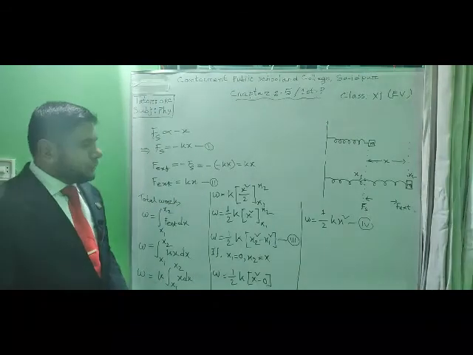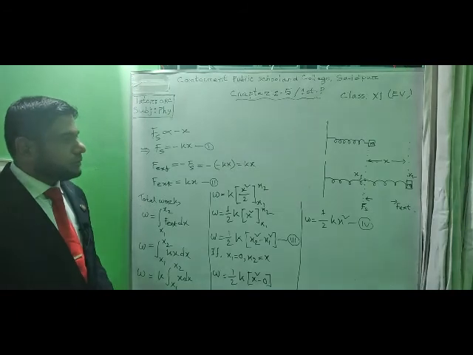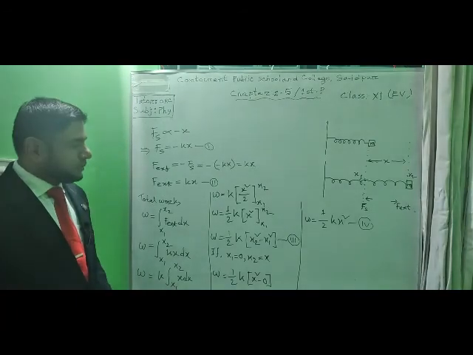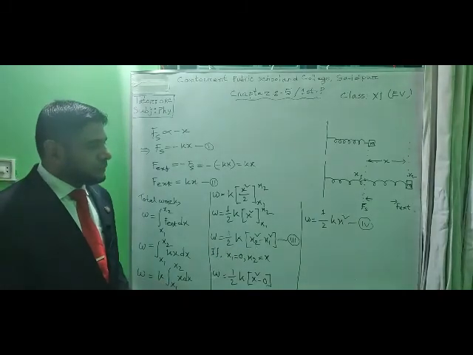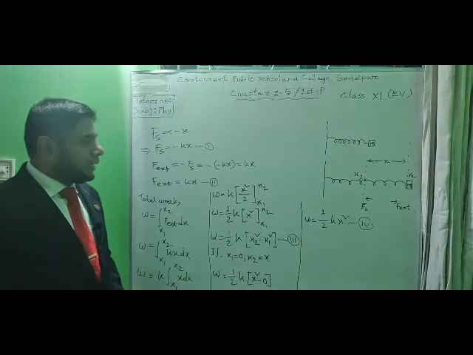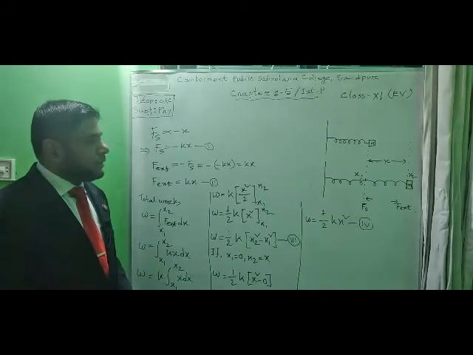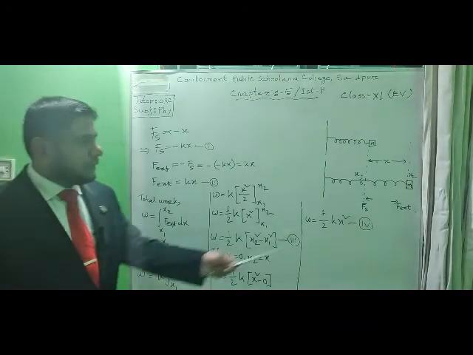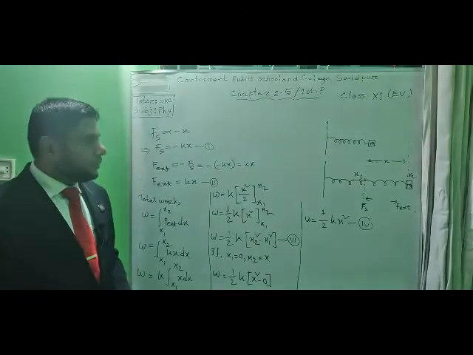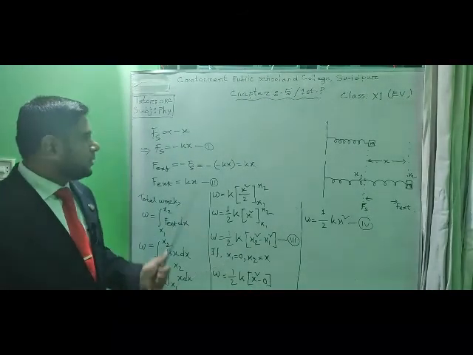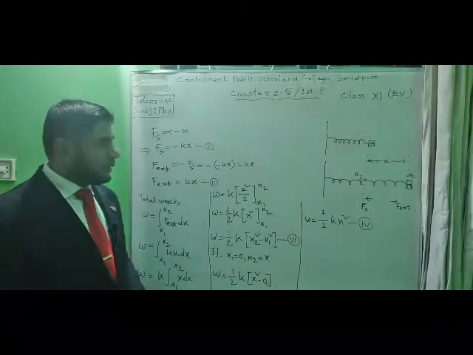So students must memorize and remember the two important equations related to the expansion of a spring. One is half k, x2 square minus x1 square, and another is half k x square. From this information it is clear that if we find out the work done by the external force, the work will be positive, and if we find out the work done by the spring force, then we will apply this equation and get negative work.